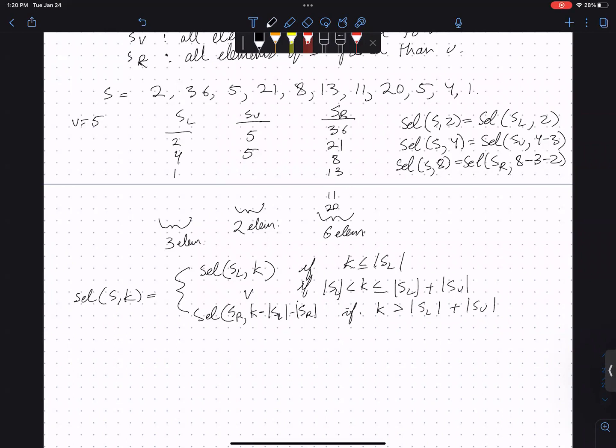So once we pick the pivot and done the split, this is going to be the rule for the recursion. What we're going to talk about next time is how do we pick the pivot. Okay. That's it for today.